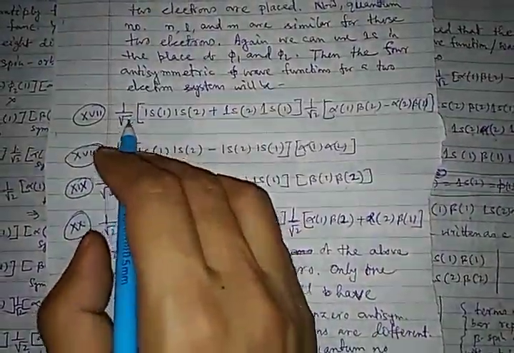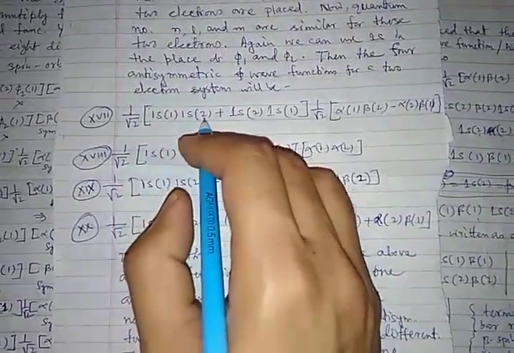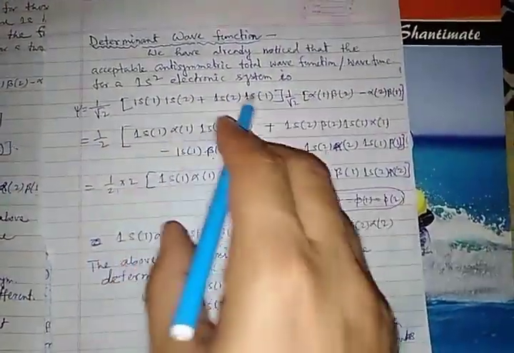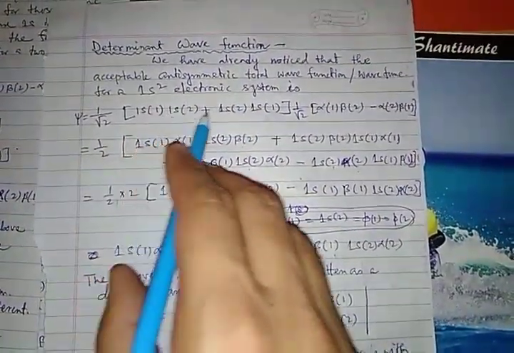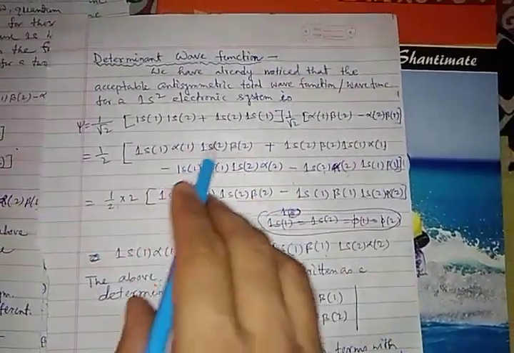that is 1s1, 1s2 and so on, I can write this expression in this way: 1 by root 2 times 1 by root 2. If I multiply these two things, that will yield this type of expression.